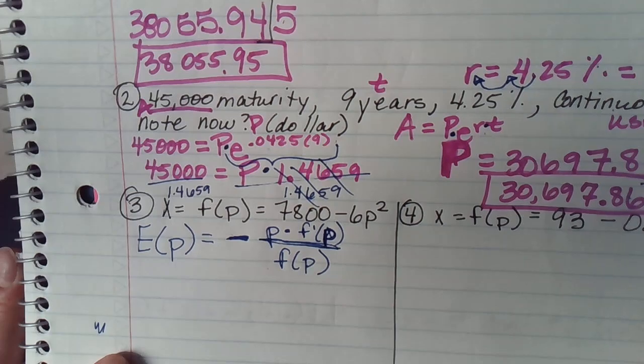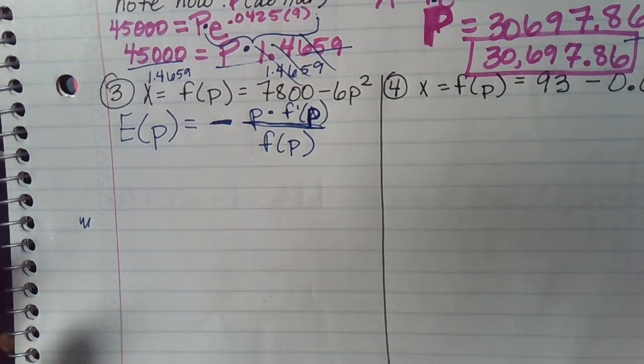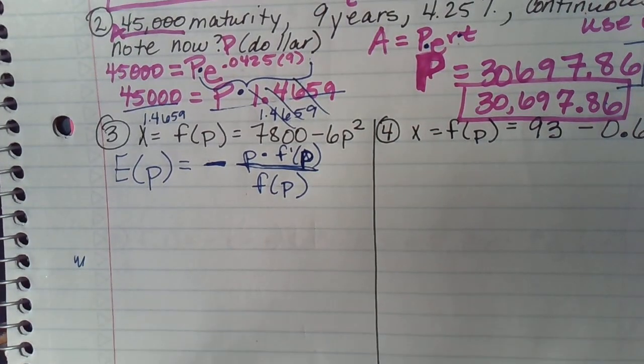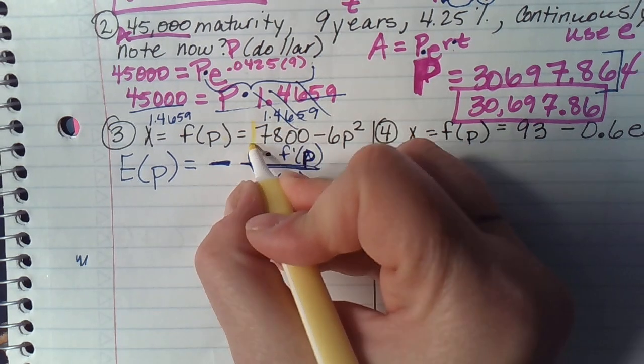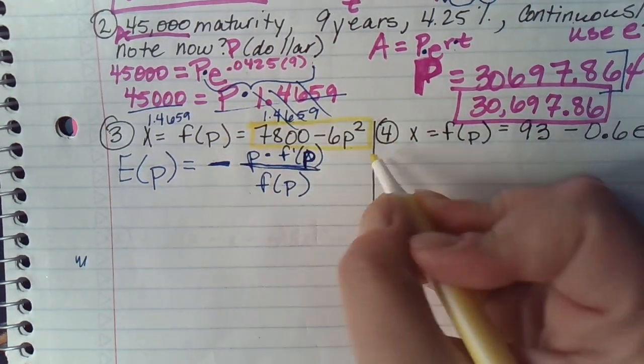It's kind of awkward because of the F's and the E's, but it's okay. The f of P, they already gave us. It says x equals f of P equals 7,800 minus blah, blah, blah.